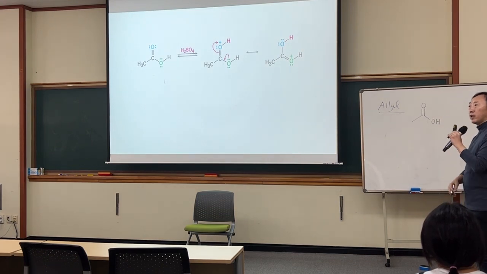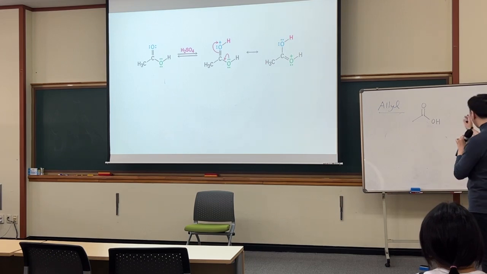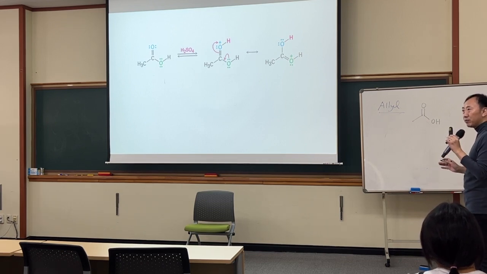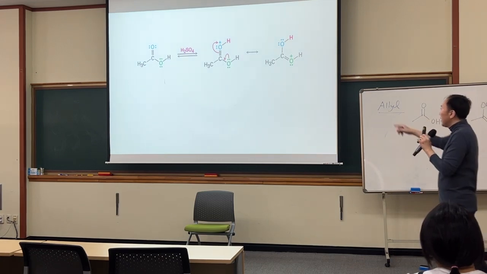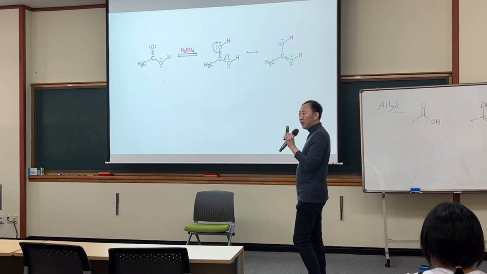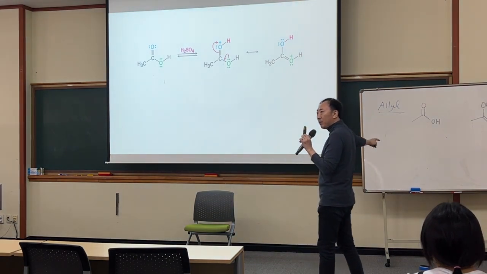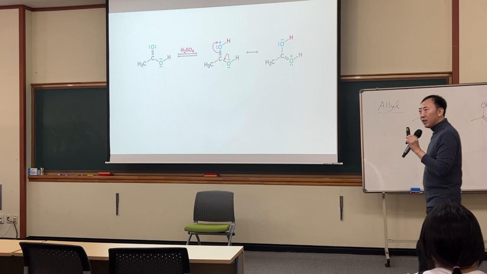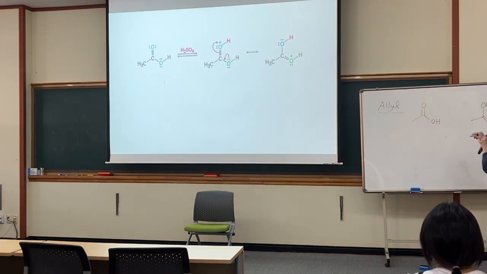These are isomers, very good. And if they change their structure back and forth, what do you call that back and forth situation? Two species, they can toss. In this case, electron is moving around. In that case, electron is also moving, but at the same time, which one is moving? Proton is moving. The proton was here, and that proton moved here. This is a kind of isomer, very good. This is equilibrium.